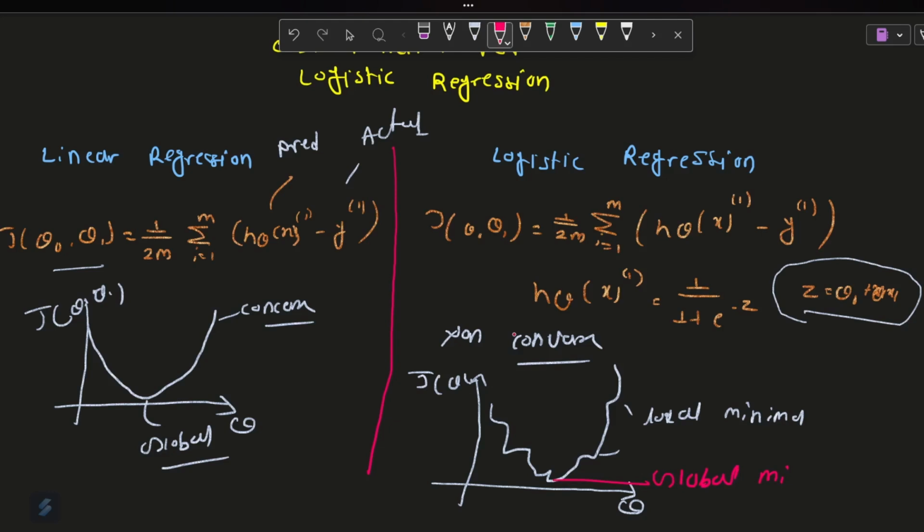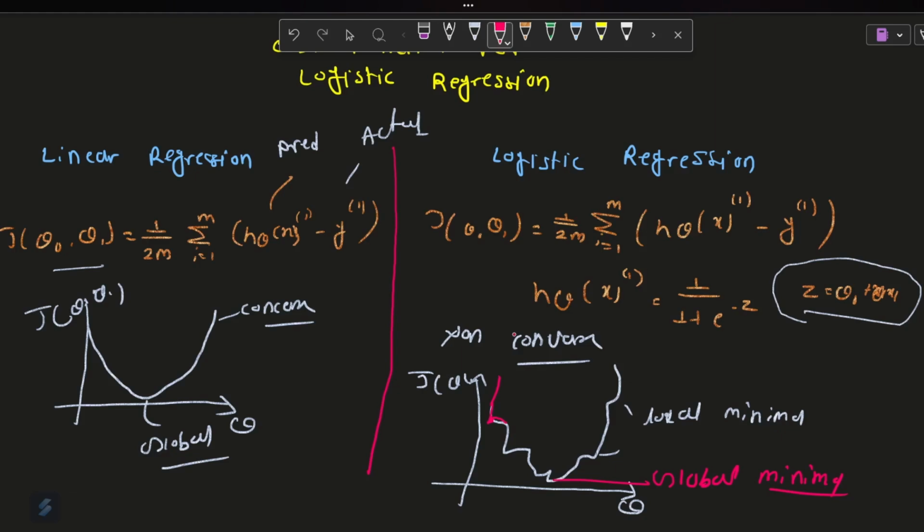So when you change the theta value, it takes too much time. First it converges to a local minima, then goes to another one, and then another local minima, so the graph takes too much time. That's in logistic regression.